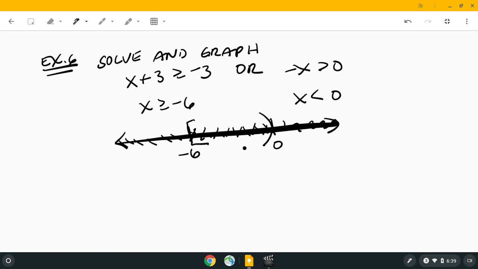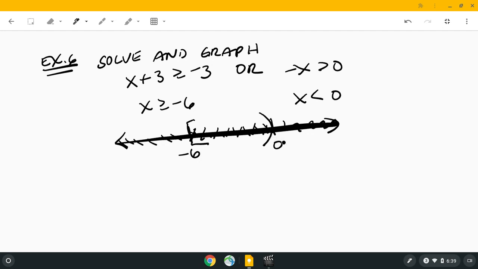Over here, it looks like the entire number line is included, but it's not. It's not everything, because -6 is included. All of these numbers are included. But right here at 0, 0 is not included in our solution set, right?